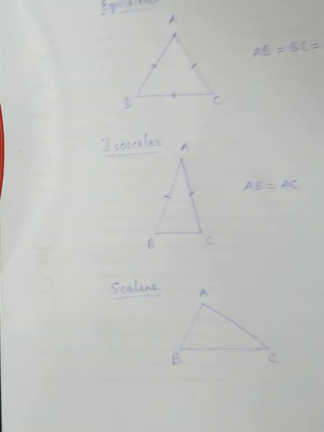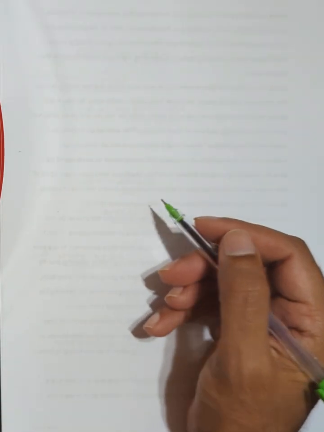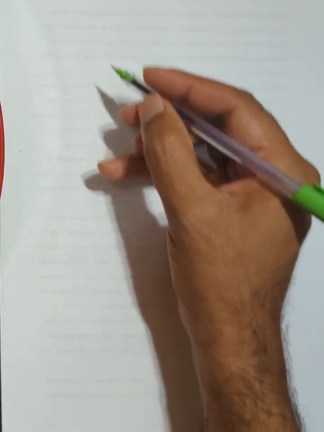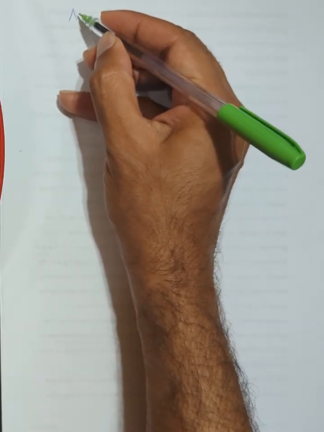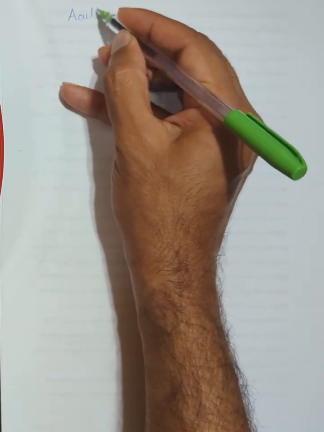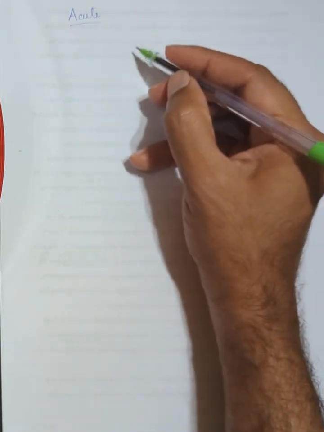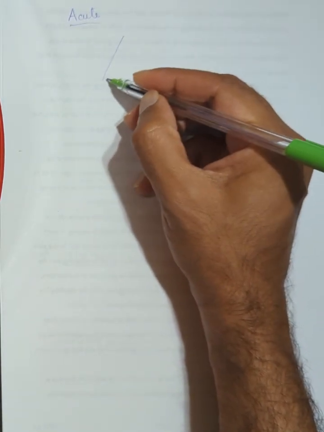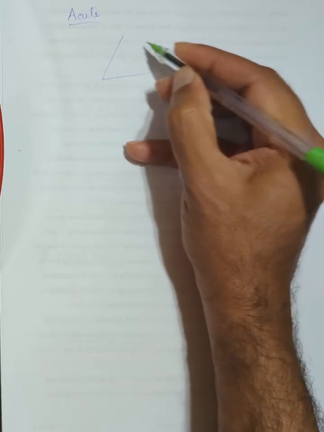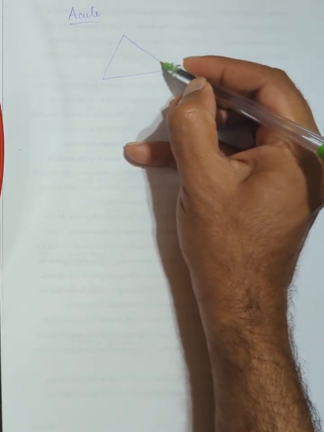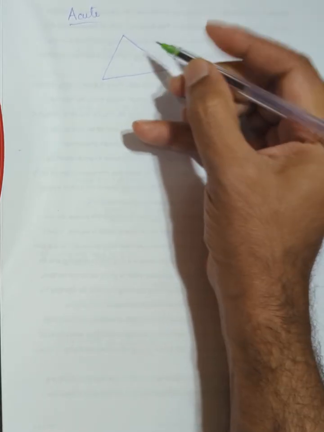Now you can also group triangles based on the angles. Now notice all the angles of a triangle always add up to 180 degrees. So it's possible that a triangle has all acute angles. So if I have a triangle where all of the angles are acute, acute means less than 90 degrees.